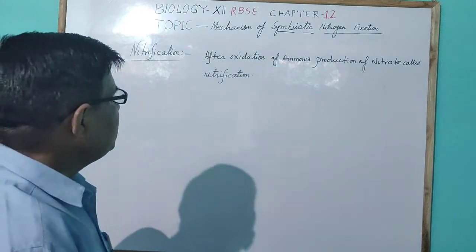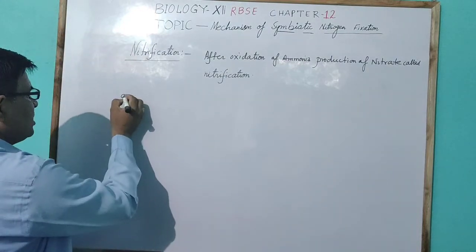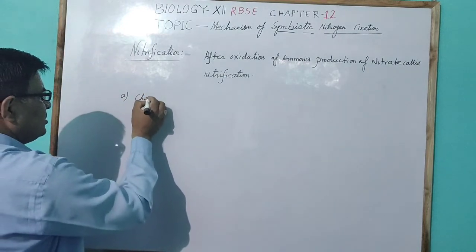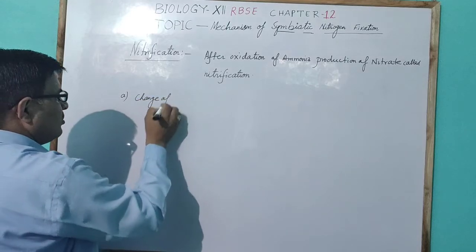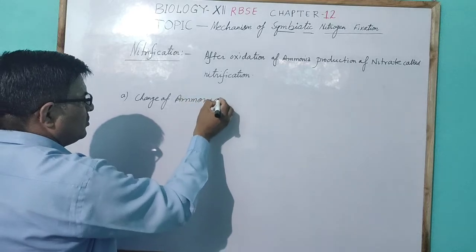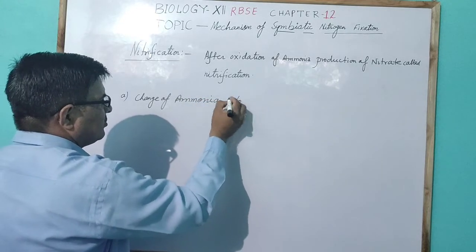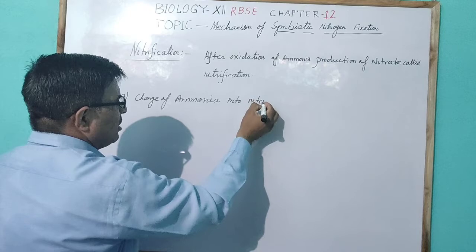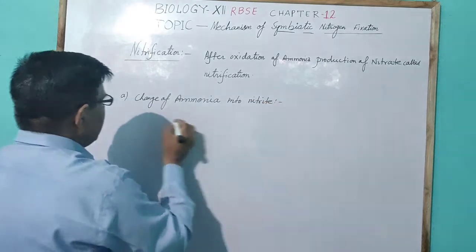Nitrification is completed in two steps. The first step is the change of ammonia into nitrite.